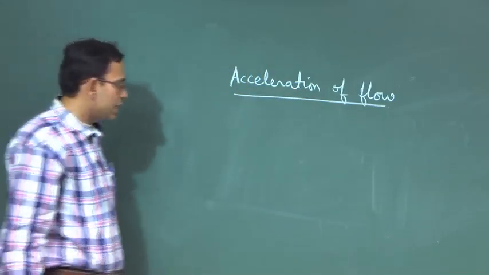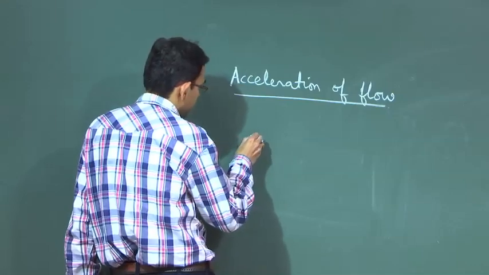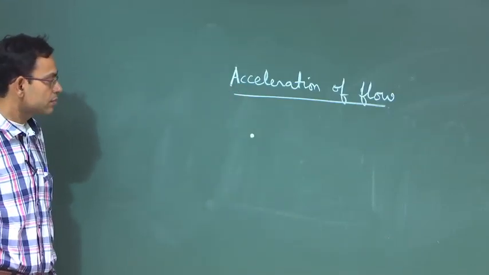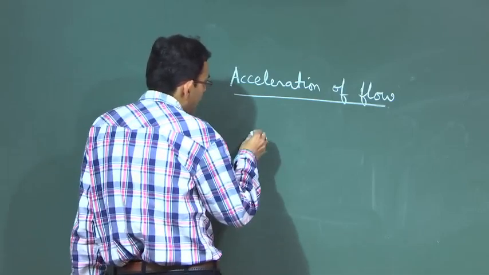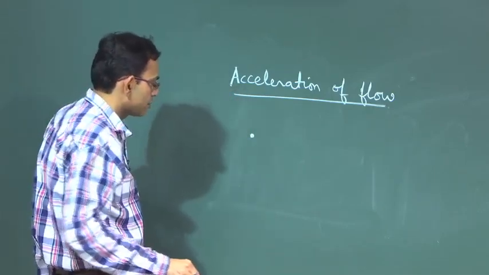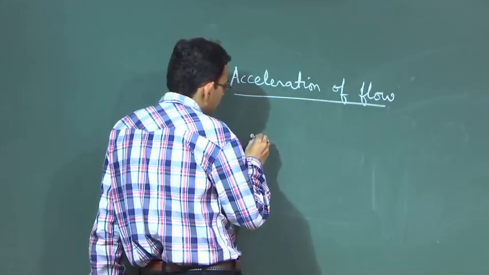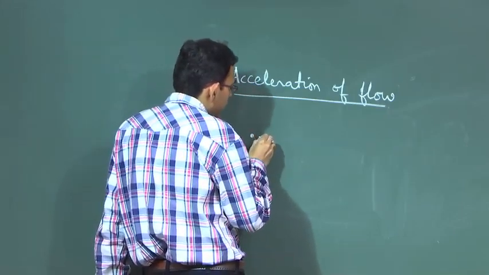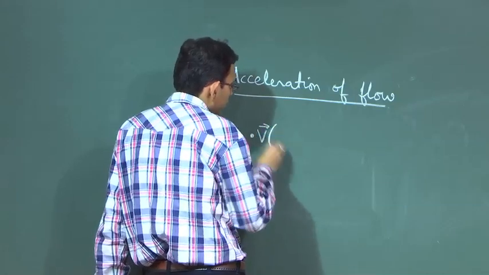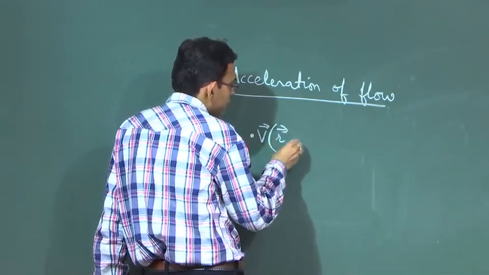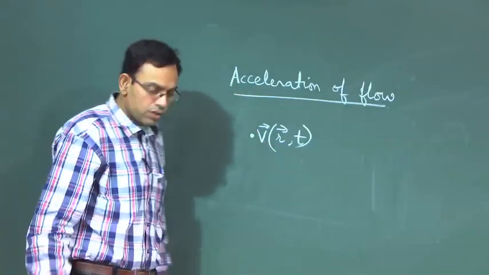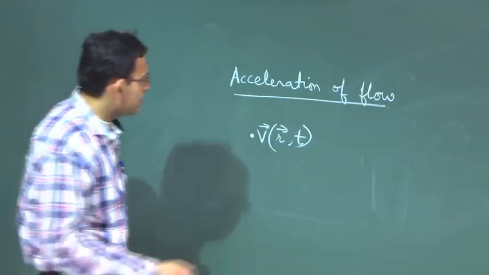So the whole idea is you have a point, and at this point currently there is a fluid particle, and as per Eulerian description this fluid particle has a velocity v which is a function of r and t. So r will essentially include what?